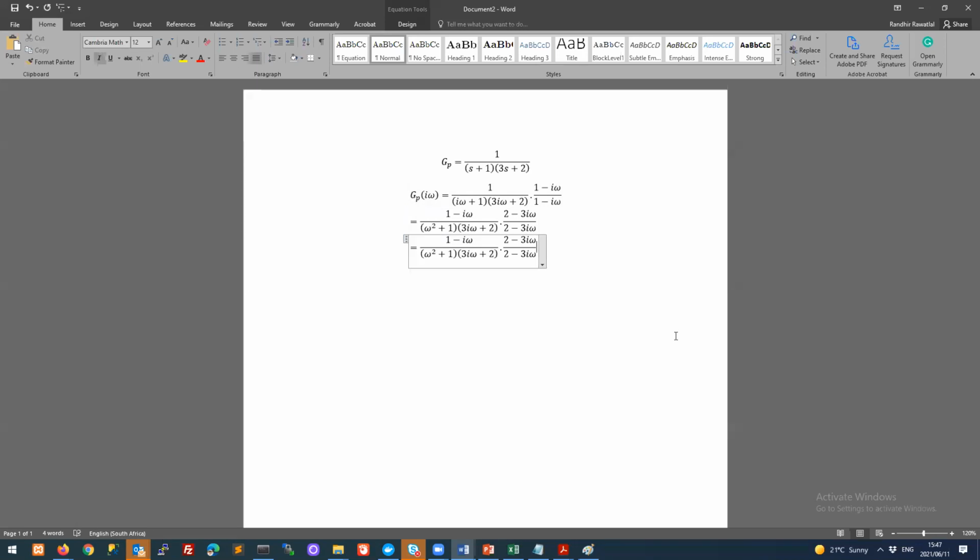And so obviously here we can just multiply these two together. 2 minus 3i omega. And then down here, it's going to be 4 plus 9 omega squared.